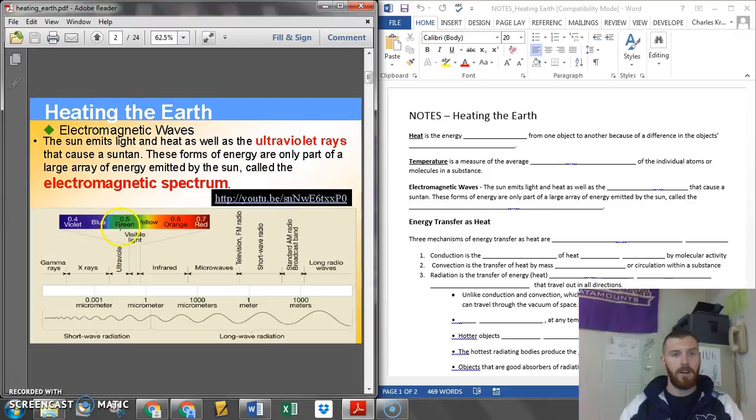And you can see in this diagram that the only type of light you can see is visible light right here, and that's only a small portion of the electromagnetic spectrum. There are many different forms of light that we still cannot see. However, we know they exist because we understand things like X-rays, if you've ever been to the doctor and had an X-ray, microwaves, things that can cook your food, television, FM radio, or different types of radio waves.